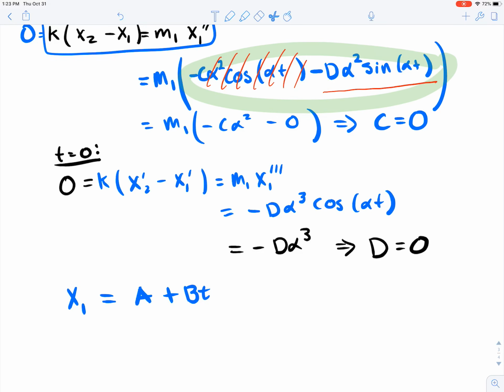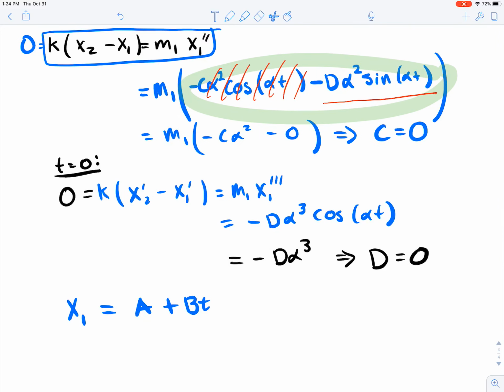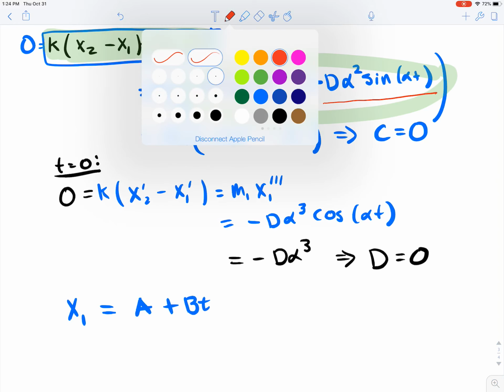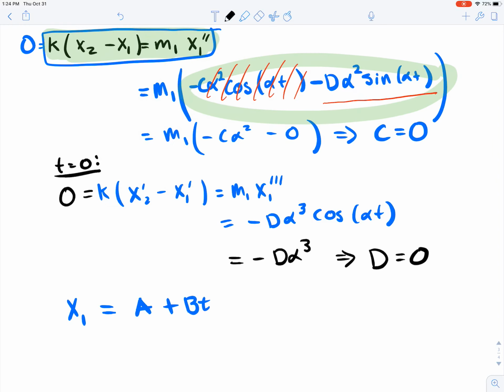All right. So now we need x2 as well. Using the same equation on the top left, we can figure out what x2 is. So we know that k times x2 minus x1, and what is x1 again?